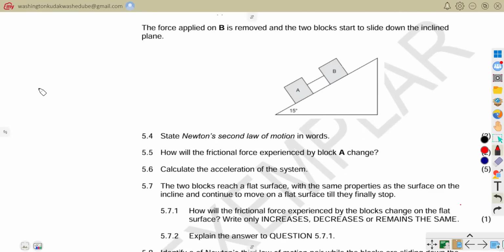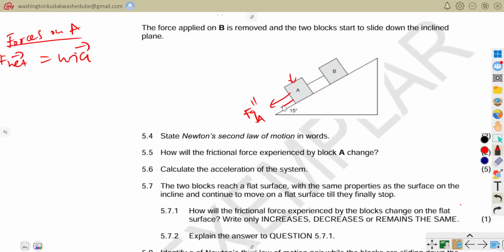To calculate the acceleration of the system, I would look at forces on A. Net force will be equal to MA for object A. On object A, I would have the FG parallel of A going down.